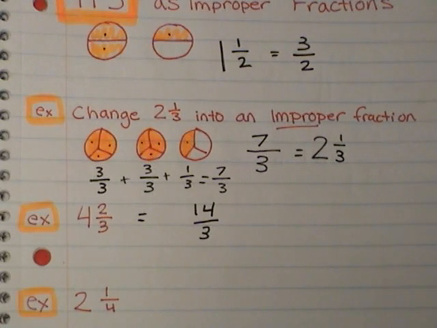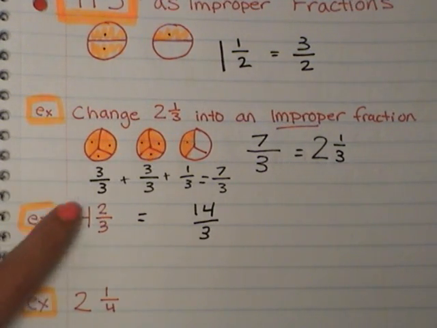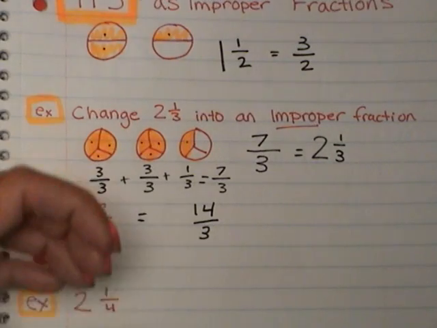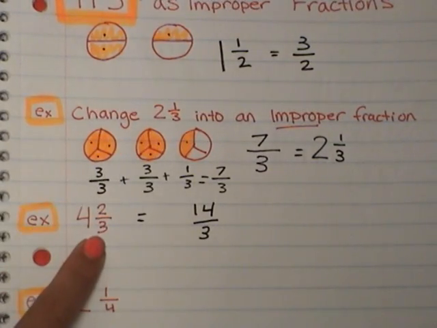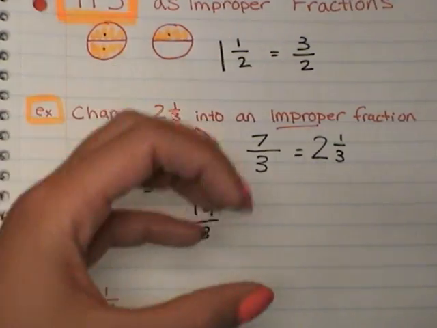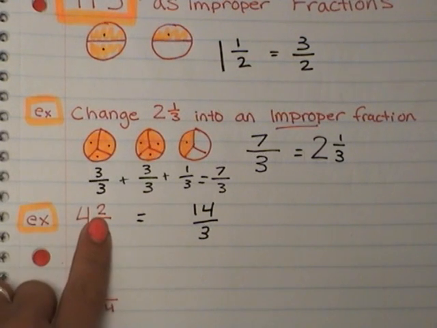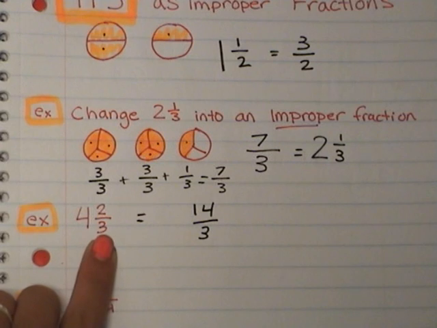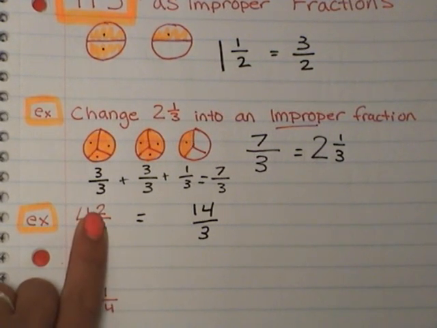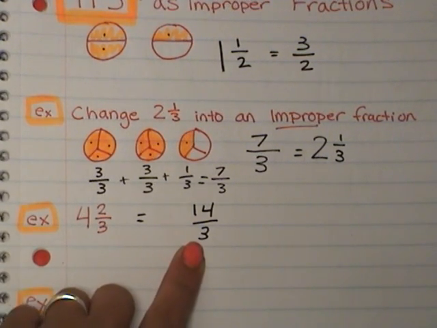I did 3 times 4 because I have 4 wholes, and they're all out of 3. So I know I have 12 full pieces, but then I have to add on my 2 little partial pieces. So I do 3 times 4 plus my numerator to get 14 over 3.